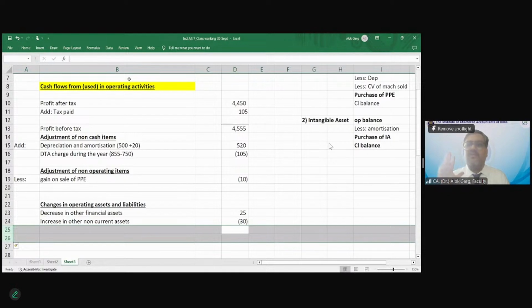You just go by the logic, and if you remember one thing, for example, decrease in asset will increase your cash flow, then increase in asset will decrease the cash flow. If increase in asset is decreasing your cash flow, what about increase in liability?